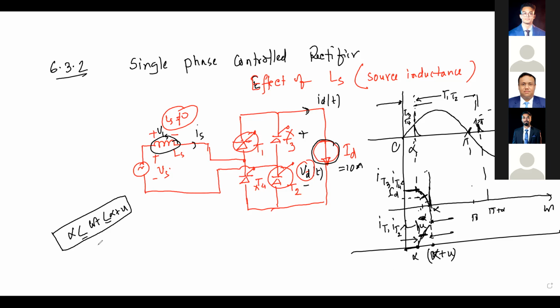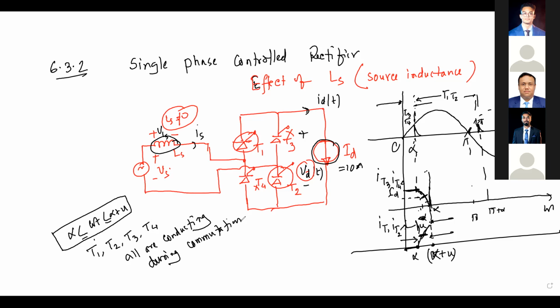So I can write down here IT1, T2, T3, and T4 all are conducting during this commutation period. I am writing this because you are recording this, so that should be recorded.